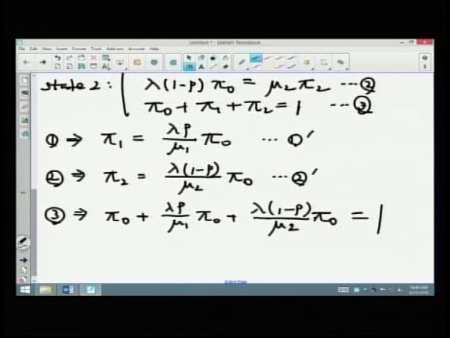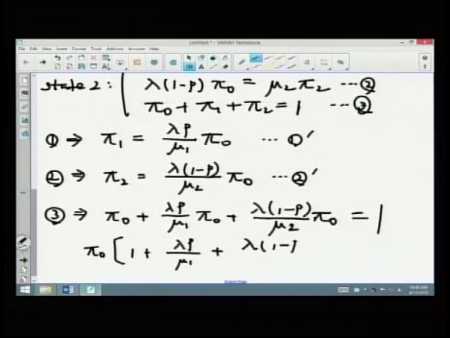Is that right? So you should be able to get the pi 0 value. If you take out pi 0, then it's going to be 1 plus lambda p over mu 1 plus lambda (1 minus p) over mu 2 equal to 1. Is that right?